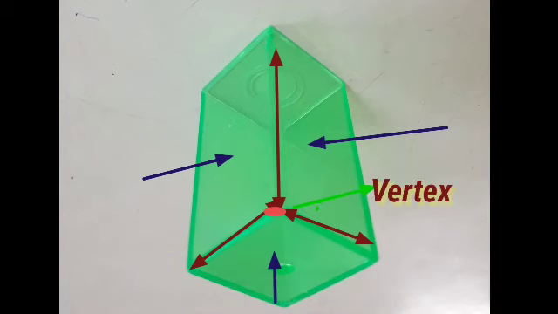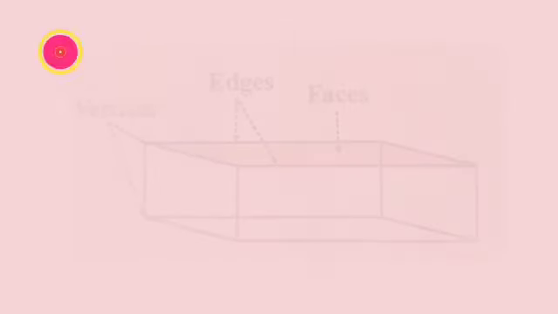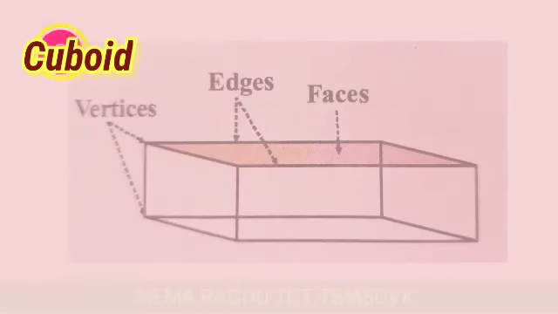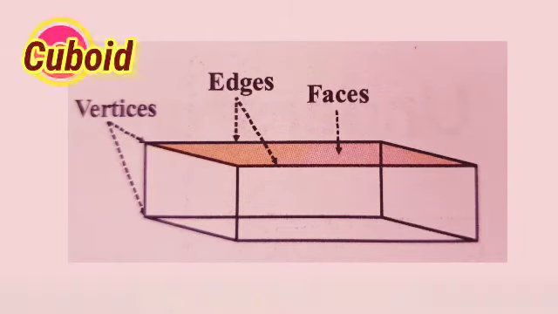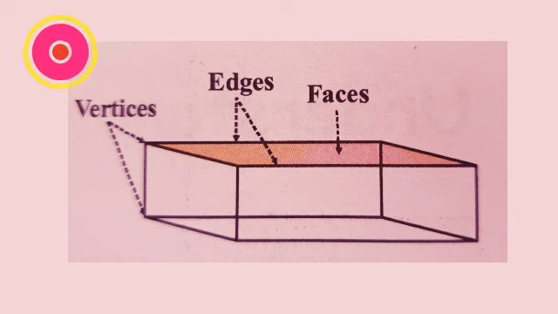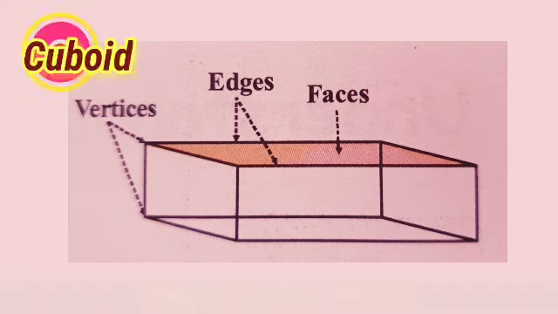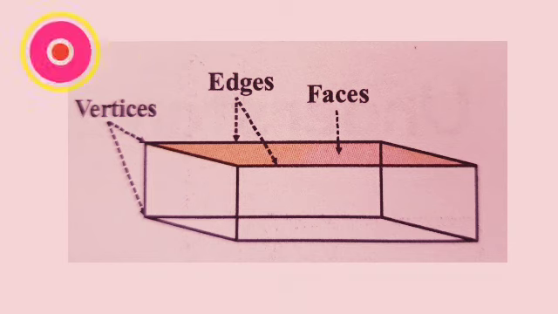Hence, a cuboid has 8 vertices, 12 edges, and 6 faces. As you can notice here, the vertices or the corners, point corners, are 8 corners, and you can notice the edges by the straight lines.